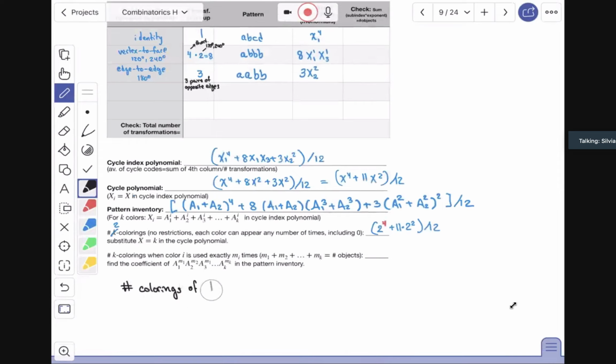So if you ask me for the number of colorings of the vertices of the tetrahedron with 1 blue and 3 red, I have 4 vertices, and I'm telling you how many of each.